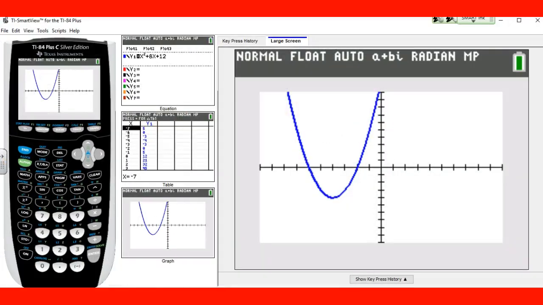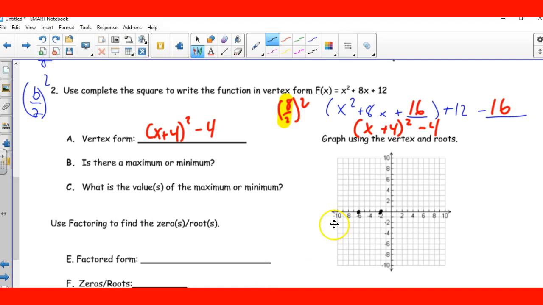And here we see those roots right there. Is there a maximum or minimum, guys? There's a minimum. There is a minimum right here.